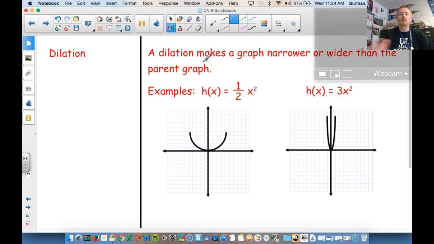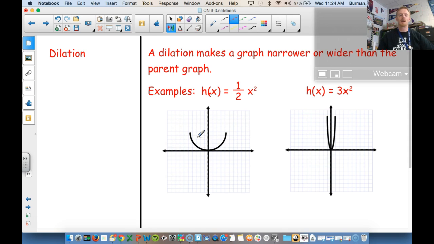The dilations will be the next thing we talk about. A dilation is where we're going to use these words that we're going to stretch or we're going to compress. So in our examples, we're going to make the h of x where we have 1/2 of x squared. Since the number is less than 1, it's going to make it wider. Or we're going to stretch it. You can imagine taking the graph from the parent graph and pulling it wider.